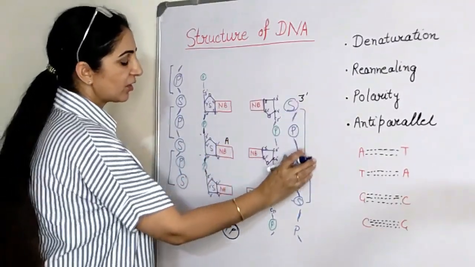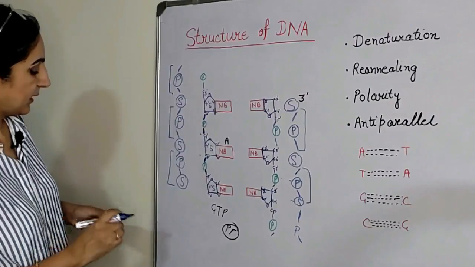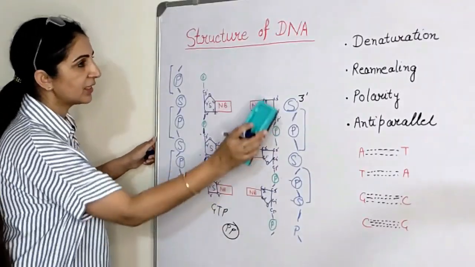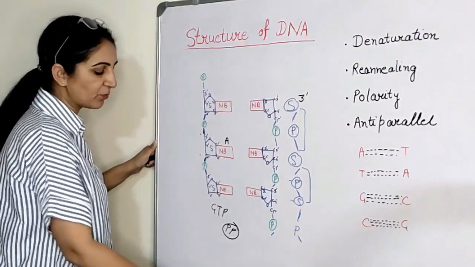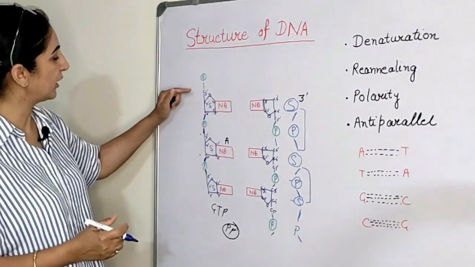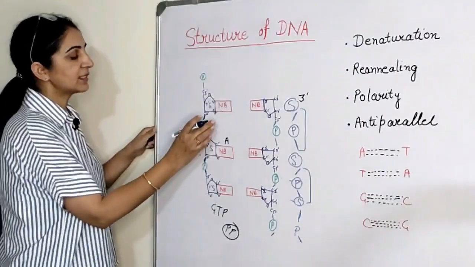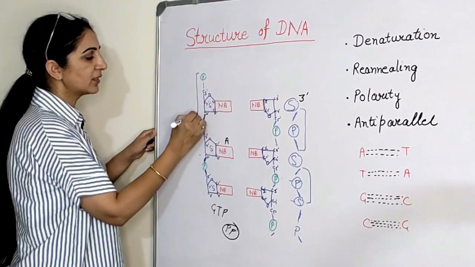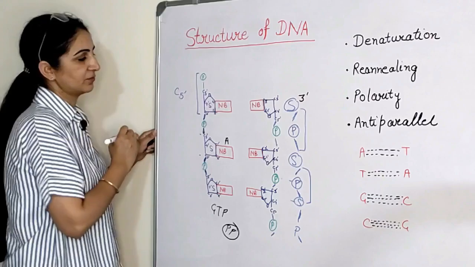So similarly we have got one more chain. Now we should see that this DNA molecule actually exhibits a property of polarity. So what is the polarity of DNA molecule? If we see closely, this is one nucleotide and it has got C5 prime end.